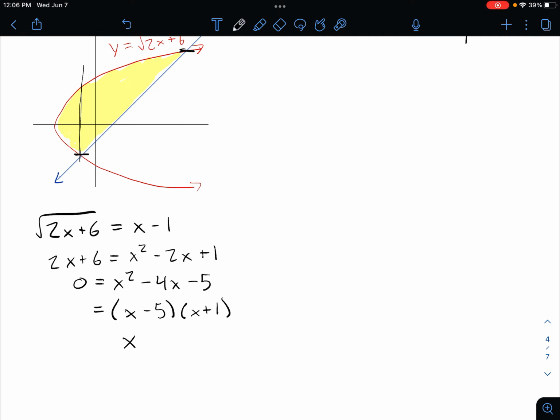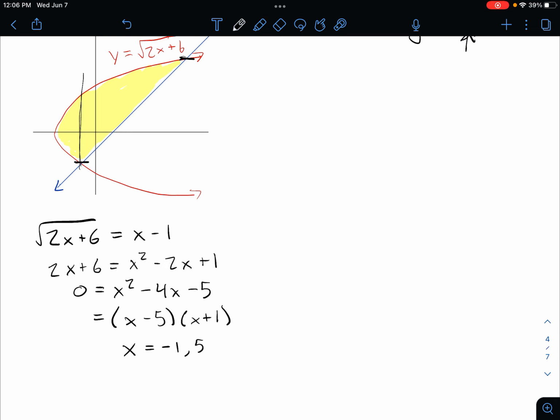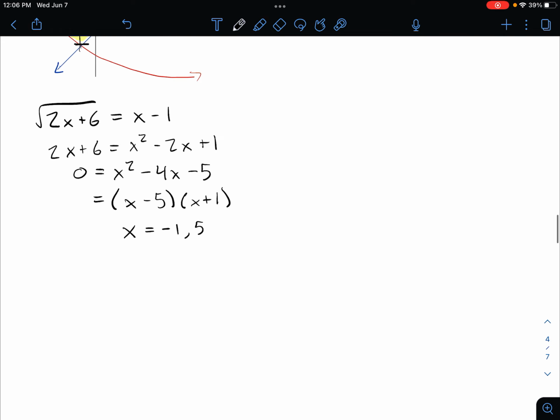So we know that the x values of these coordinates must be -1 and 5. However, since we're in terms of y, the x part of the coordinates doesn't actually help us. We need the y part of the coordinates. So we're going to have to put this back into the original equation in order to find them. So when x is -1, y must be -2. So we have one point of intersection.